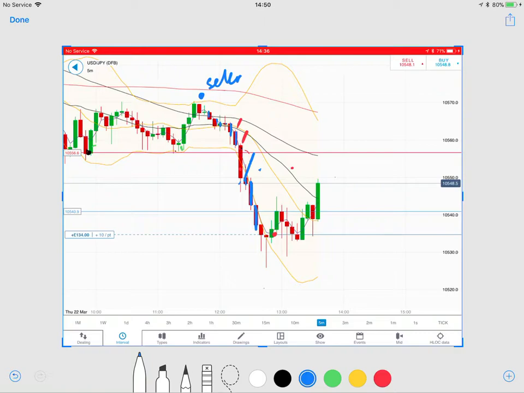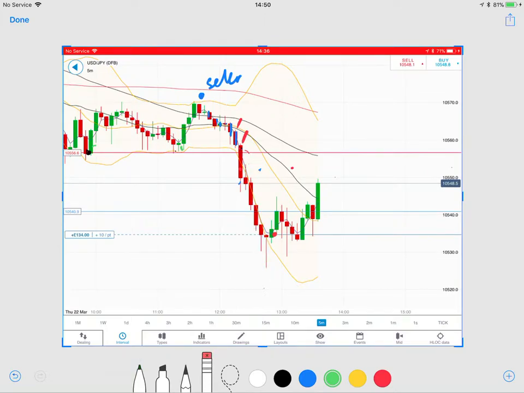Now, in this period here, we saw the price go all the way down here, but buyers knocked it back up again. The next candle, we saw the price go all the way down to here, buyers knocked it back up again. Now that's huge.